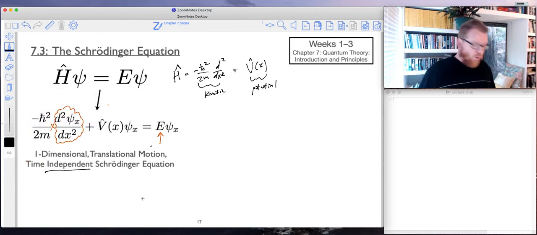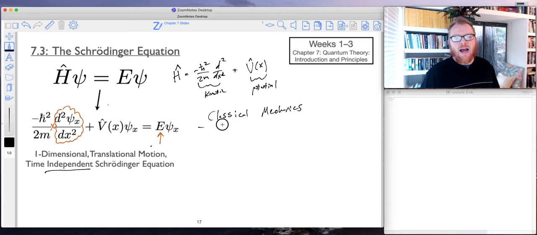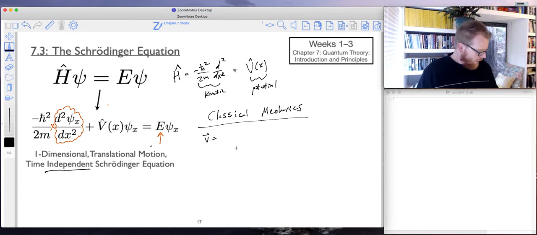So just to walk you through why the kinetic energy operator is negative h bar squared divided by 2m. So recall from classical mechanics. And so anytime I refer to classical mechanics, we're talking about Newton's laws. We're talking about describing cannonballs flying through the air, okay? So we can write the velocity of an object as a vector, okay? Which we know is dx by dt.